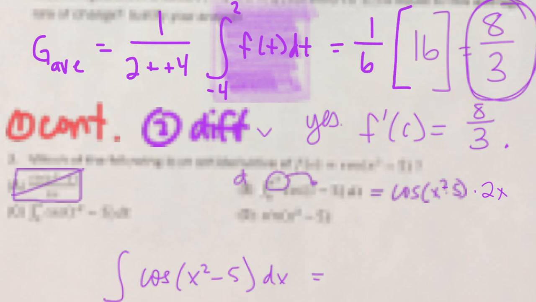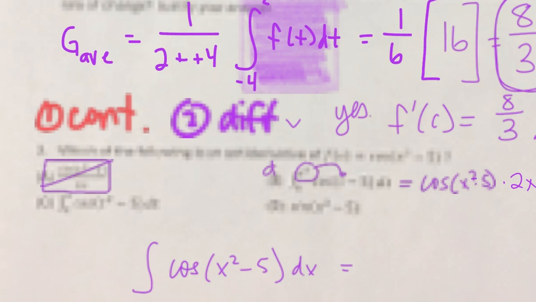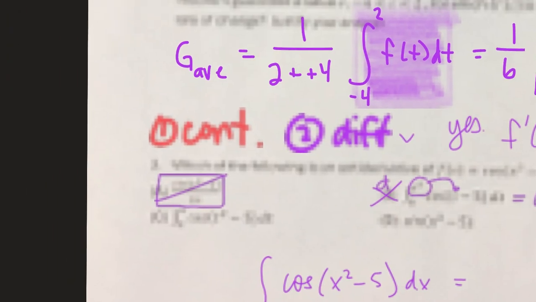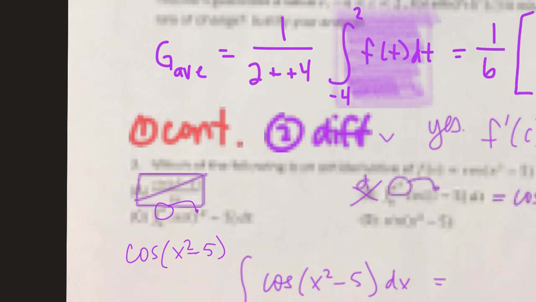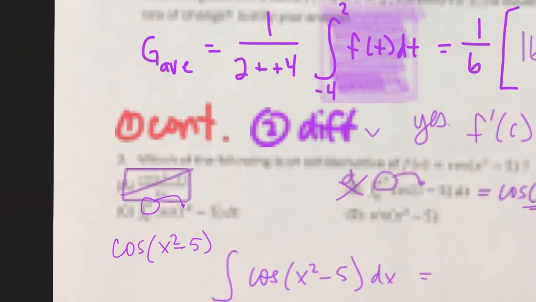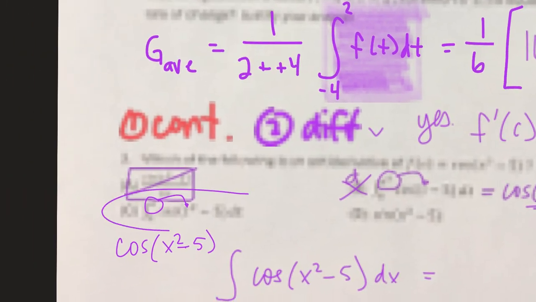That's the chain rule if we had that one right there. So chances are it's not going to be B. But what if we did this one? That would be the cosine of x squared minus 5. Isn't that what we want? Yeah, that one looks pretty good.